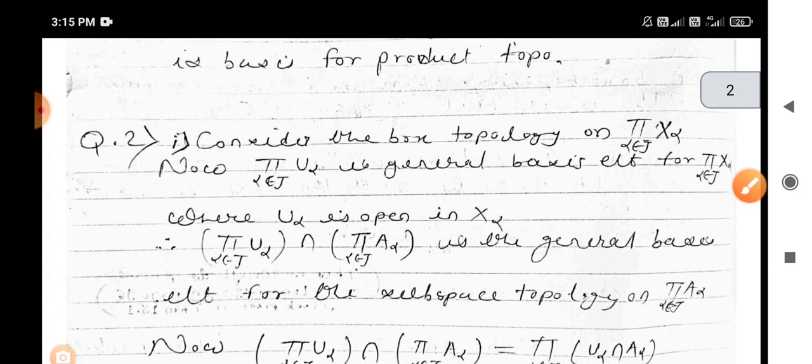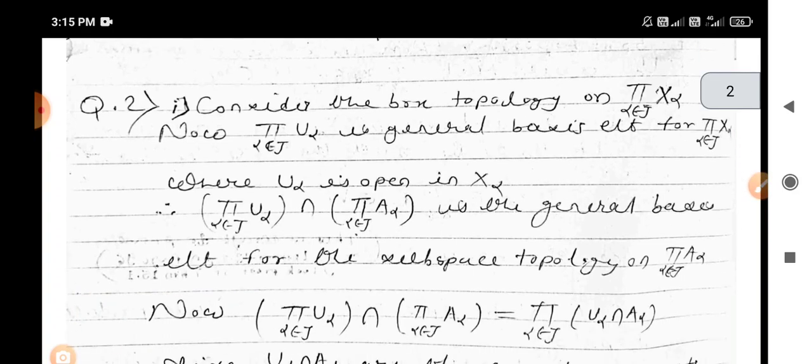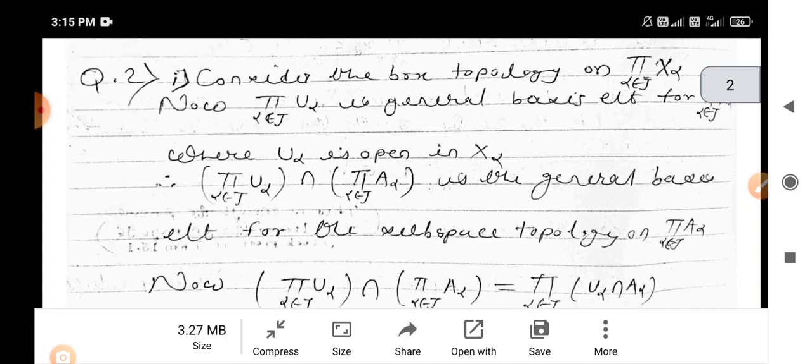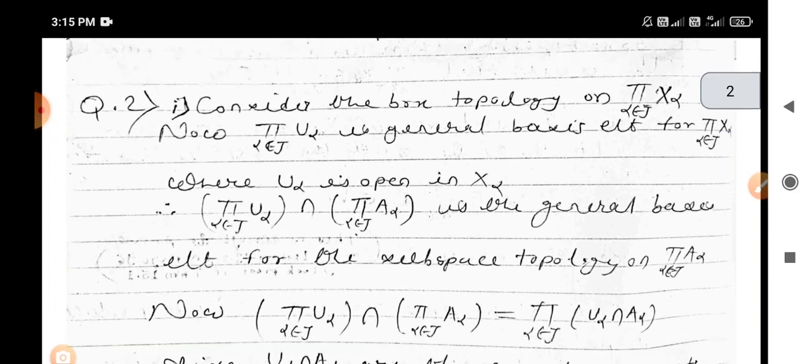Now in the same way we consider the second example, in terms of box topology on the product of X alpha. Consider a box topology on the product of X alpha. Then the product of U alpha generates the basis elements for that box topology, where U alpha is open in X alpha, and the product of U alpha intersection product of A alpha is the general basis.